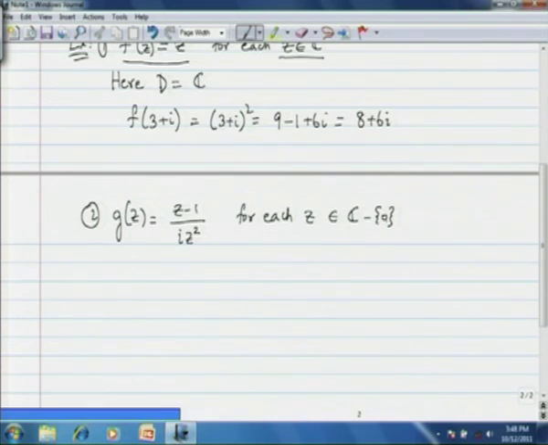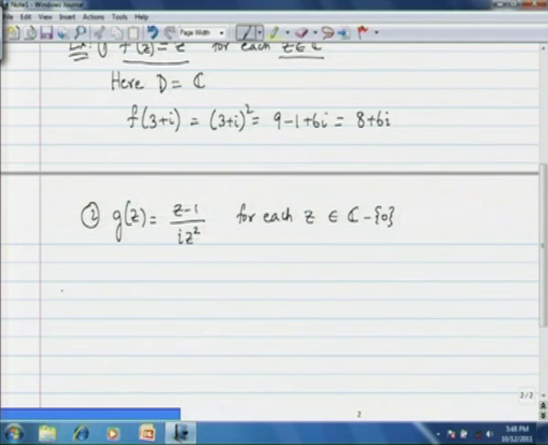So, if you remove the 0 in the complex plane, then this rule g tells you what to do with any given number z in the complex plane minus 0. Okay. So, this is another example of a complex function.